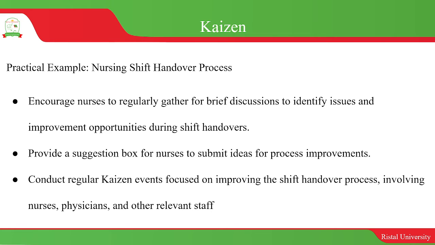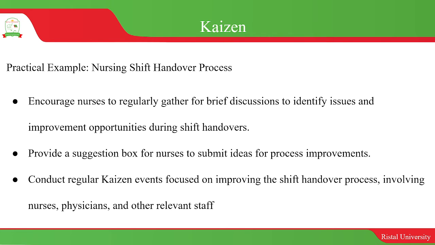We have a practical example here. A Kaizen practical example is the nursing shift handover process. It encourages nurses to regularly gather for brief discussions to identify issues and improvement opportunities during shift handovers. Not just nurses, anyone: doctors, clinicians, midwives, whatsoever.